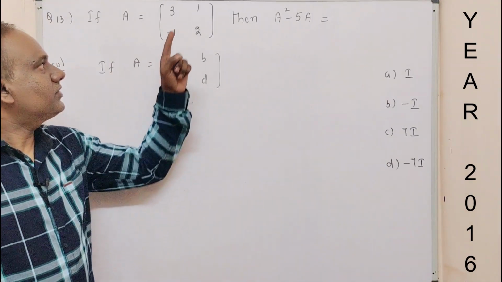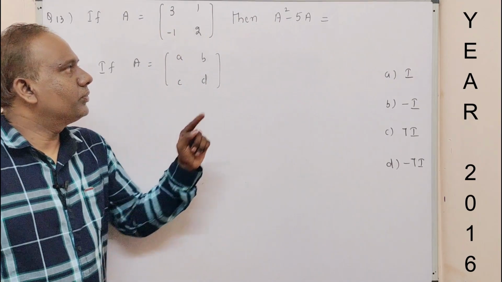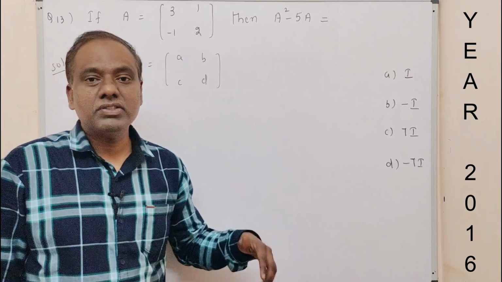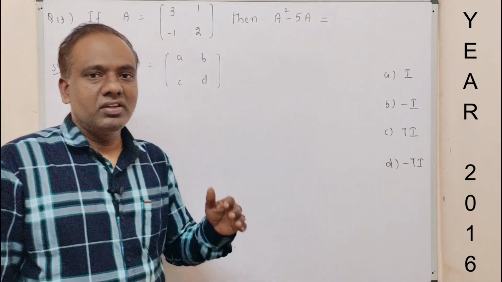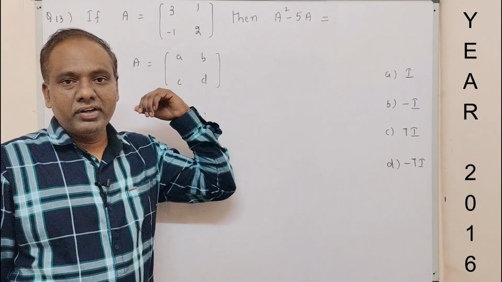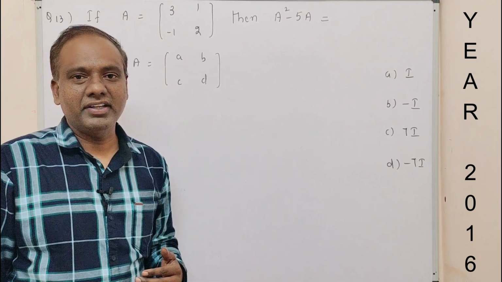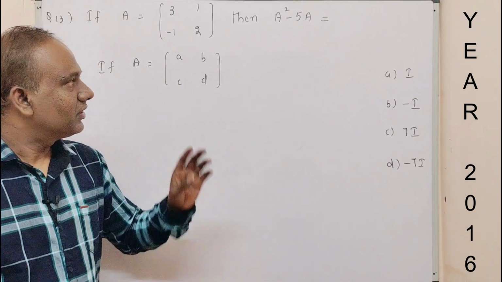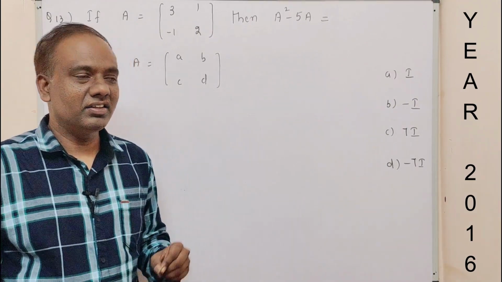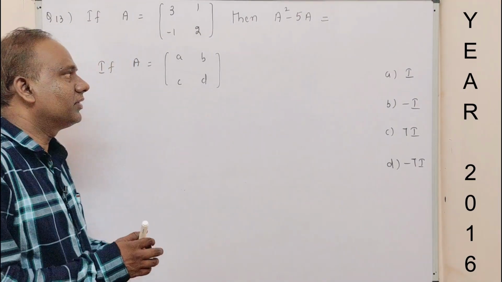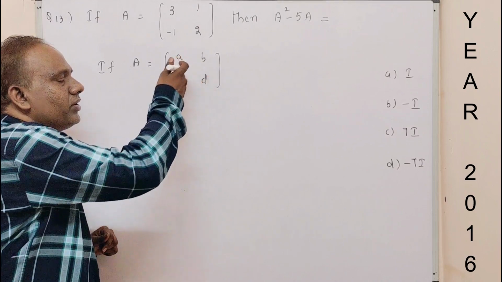If A is equal to [3 -1; 1 2], then A square minus 5A is equal to what? These are the options. If it is a square matrix, a 2 by 2 matrix, we can write the equation directly. I explain the formula. Suppose A is equal to [a b; c d].